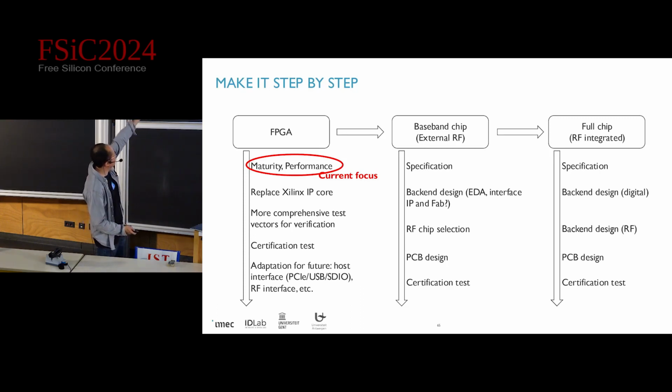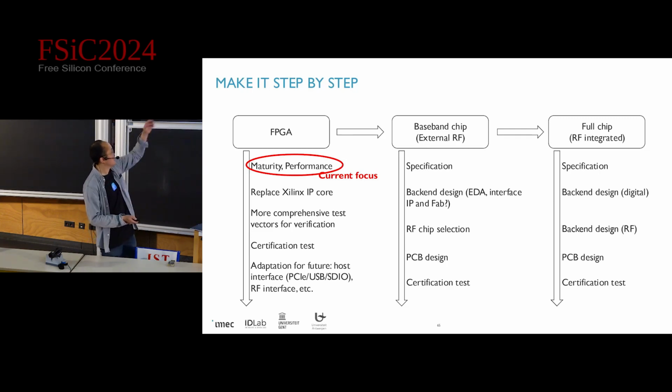Even in the FPGA branch, currently we focus on the maturity and performance of this set of Verilog code on top of the FPGA. To prepare for the future, we still need to replace some Xilinx IP cores, generate more comprehensive verification vectors, do the certification test with the Wi-Fi Alliance, and adapt some interface IP for the future.